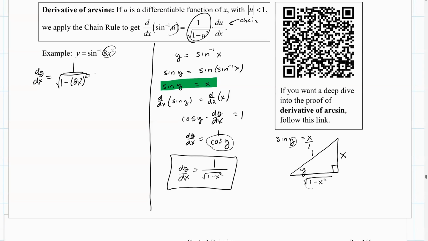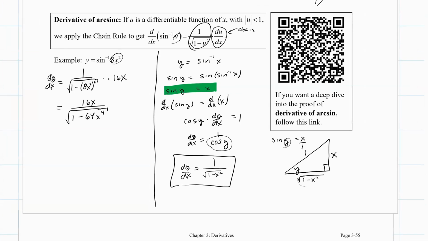And because there's an inside function here, I need a chain rule, and that chain is going to be 16x. So I might finish this off by saying the answer is 16x over the square root of 1 minus 64x to the 4th. And I would leave that answer just like that.